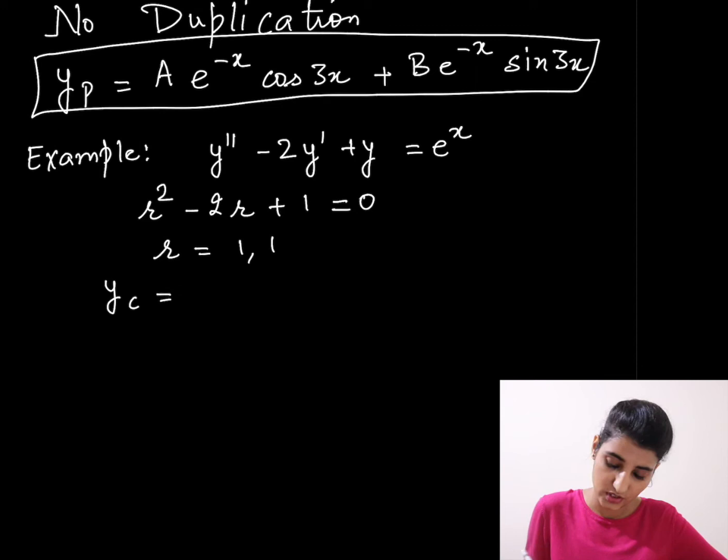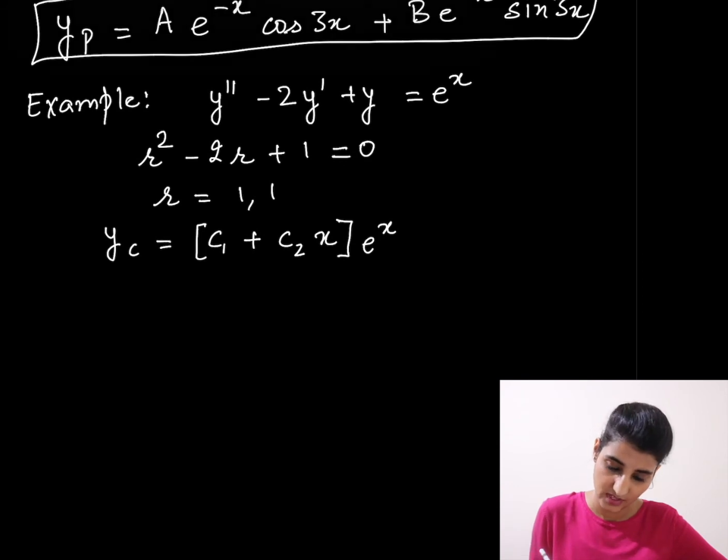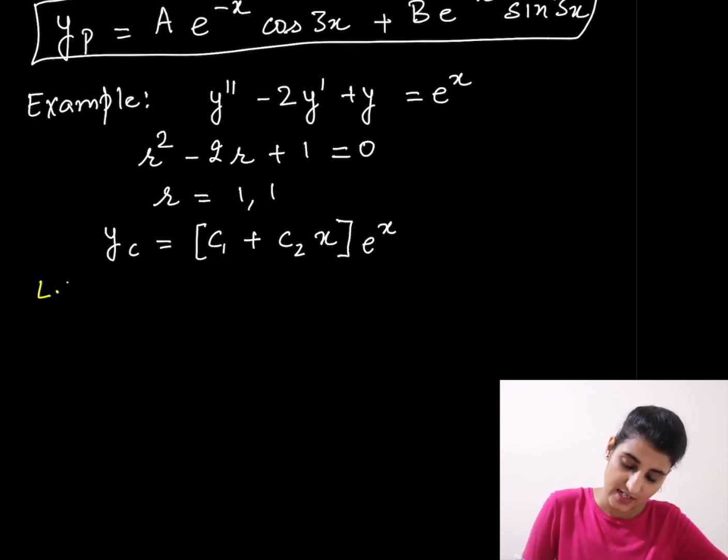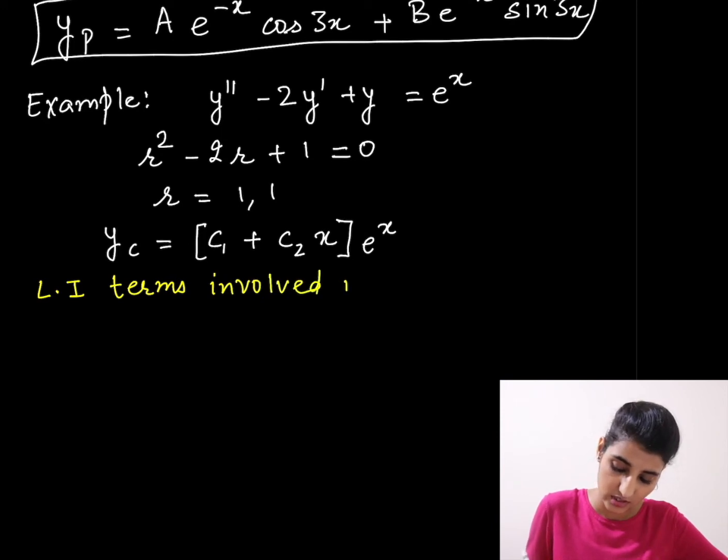If we have repeated roots, our yc looks like c1 plus c2x times e power x. Our next step is to list down the linearly independent terms involved in f(x) and its derivatives.